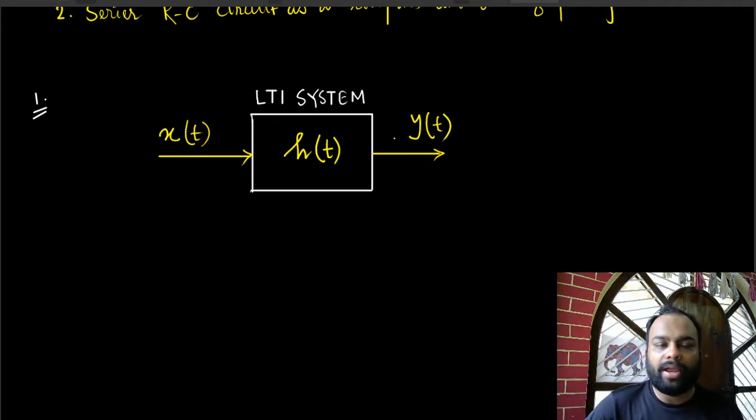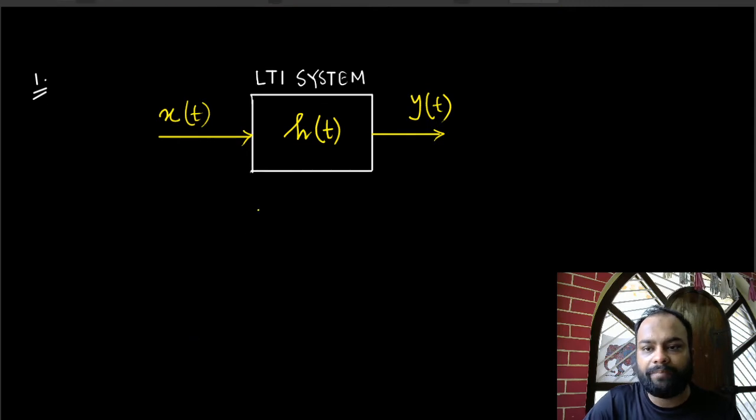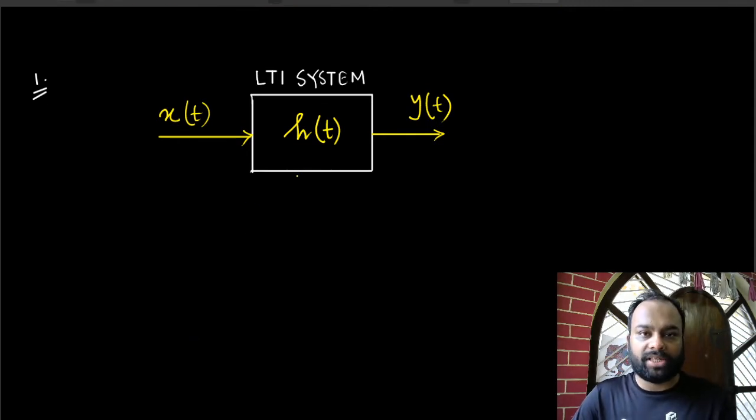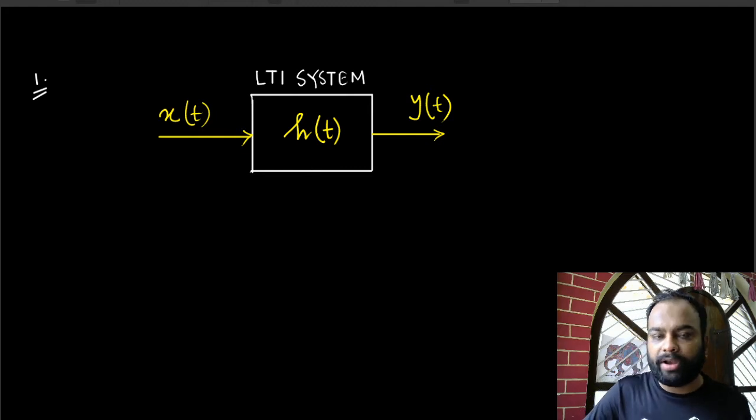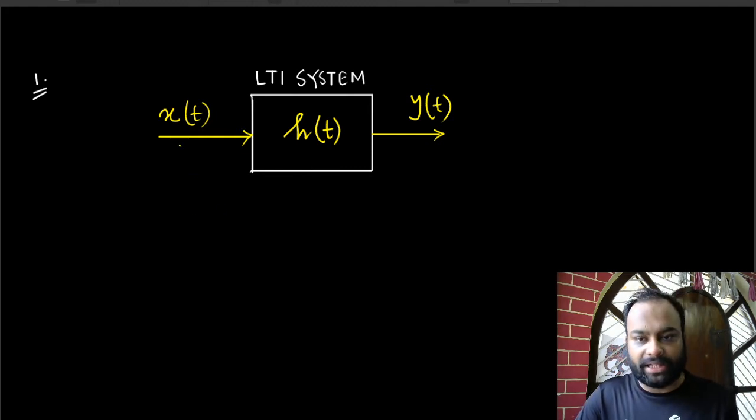I already know from whatever discussions we had that if the impulse response of a system is h(t), then that is representative of the output of the system when the input is a unit impulse, right? But what if the input is something else?